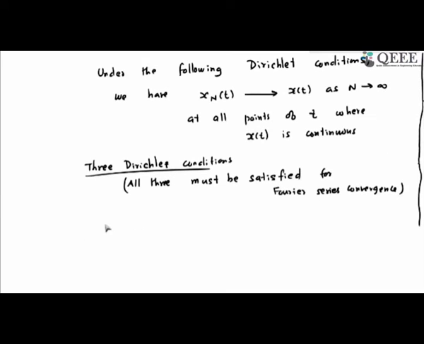So what are those conditions? First condition is the integral over T naught of the absolute value of x of t dt. This integral should be finite. Okay, so this is the first condition.